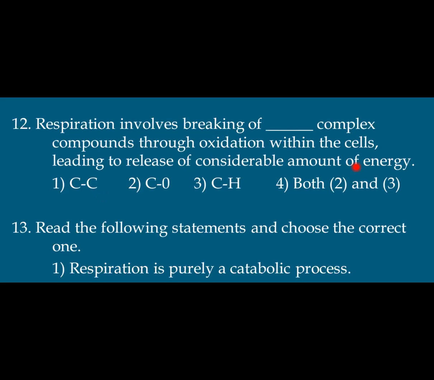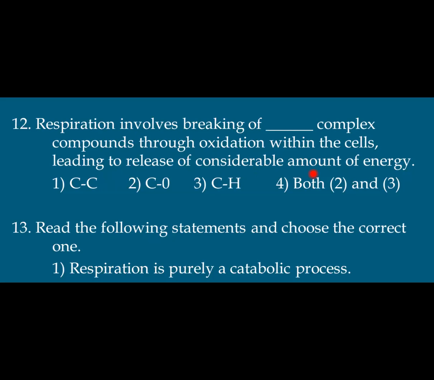Considerable means how much? In aerobic respiration, 1 molecule of glucose yields 686 kilocalories of energy in the presence of oxygen. During anaerobic respiration, 1 molecule of glucose gives either 59 kilocalories or 36 kilocalories of energy.